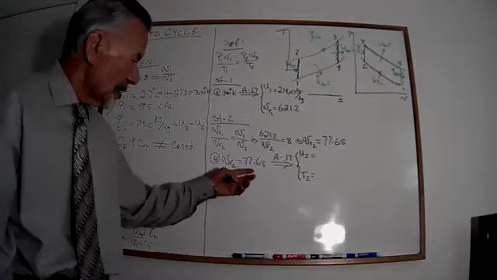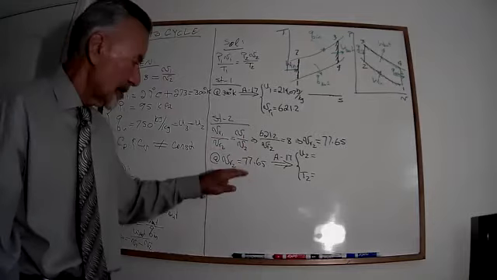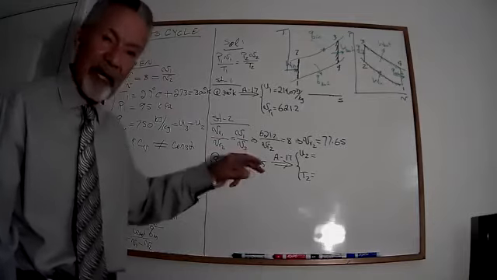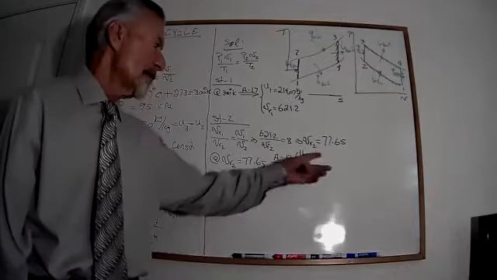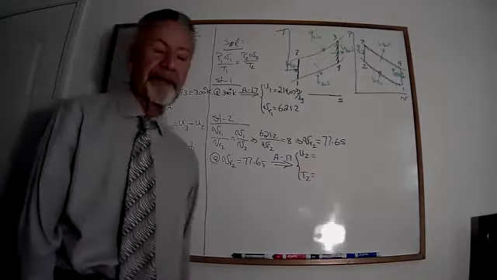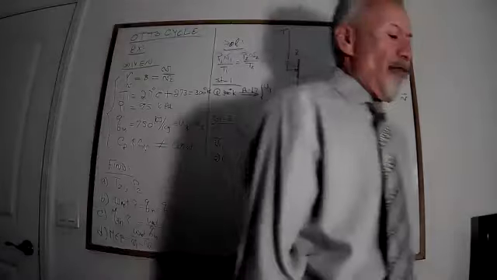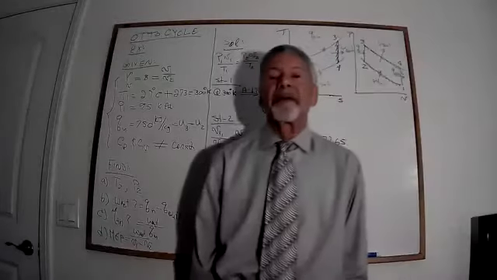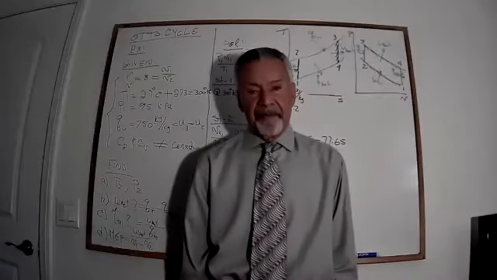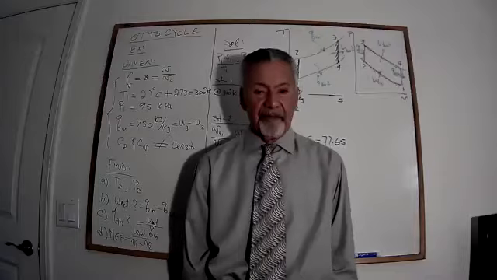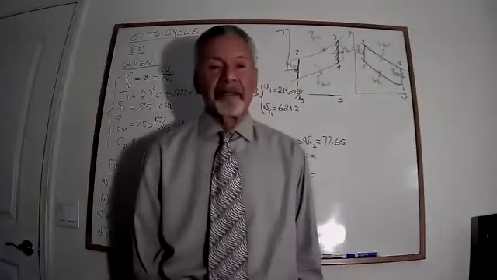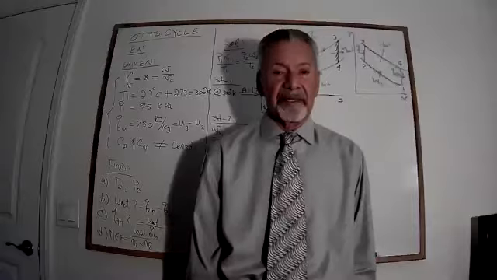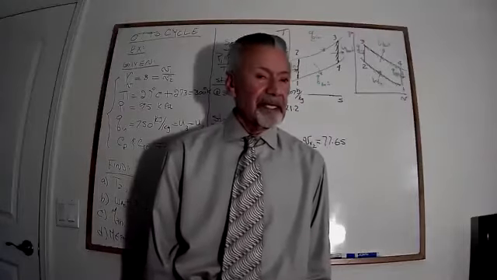You find the lower number and higher number, when 77.65 is right between them, you interpolate and find the actual value. Now, when it comes to the test, I don't want you to do that because that's a waste of time. Again, remember, we're not here to have an accurate answer. We're here to be at least in the ballpark.